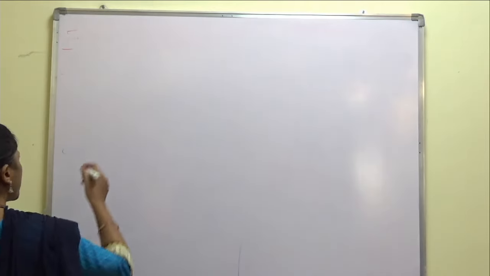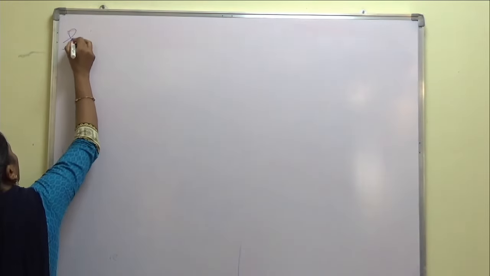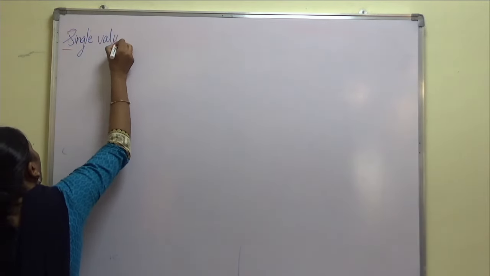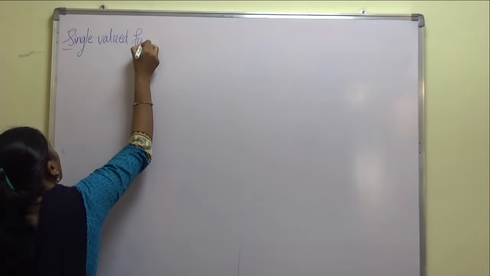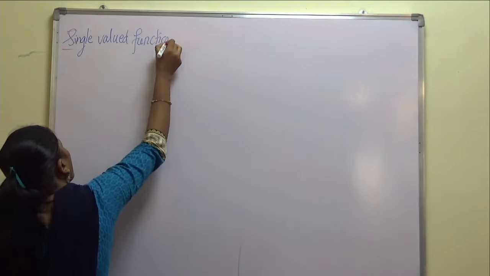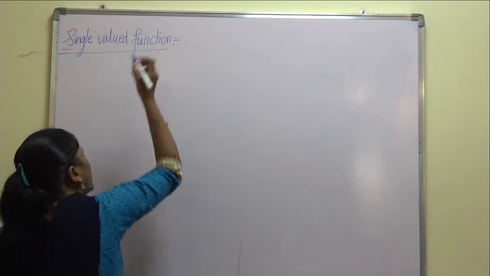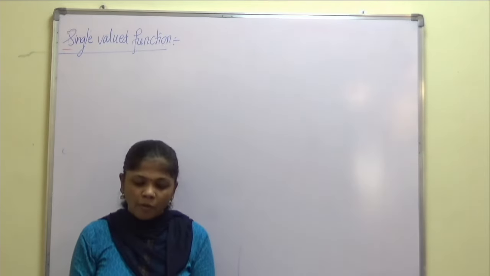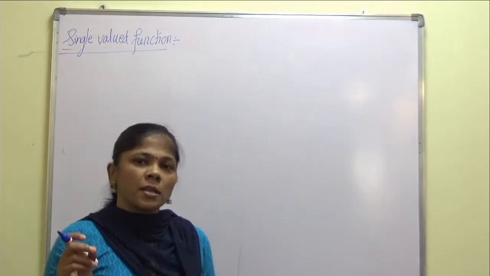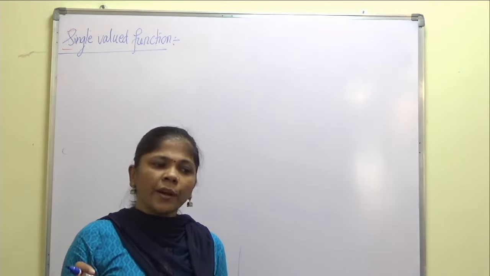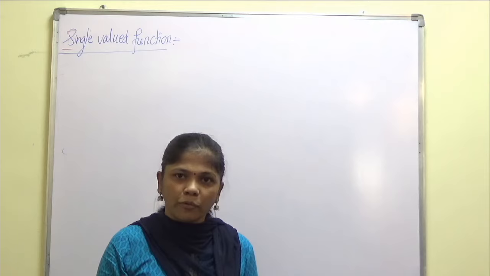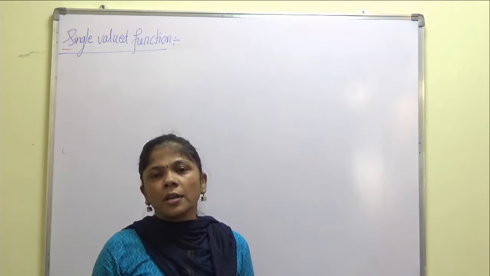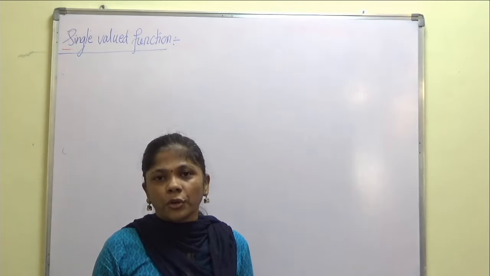So let us take what a single-valued function is. What is meant by a single-valued function? If for each value of z you get only one value of omega, then that function is said to be a single-valued function.